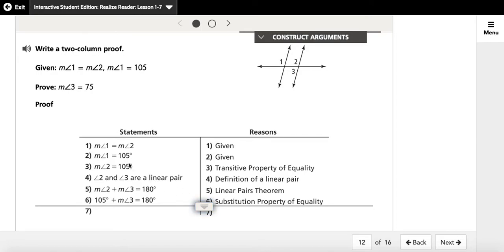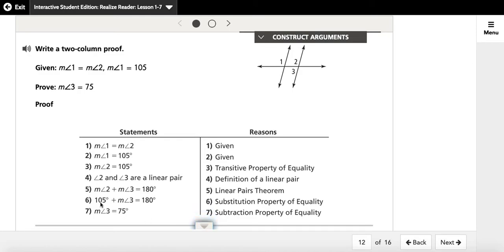Using substitution, they substituted the 105 in for the measure of angle 2, and they have 105 plus the measure of angle 3 equals 180. You can probably predict what's going to happen next because we're trying to prove the measure of angle 3 is 75. So you would write now that the measure of angle 3 equals 75. Do you know the reason for that? It was subtraction because you subtracted 105 from both sides.